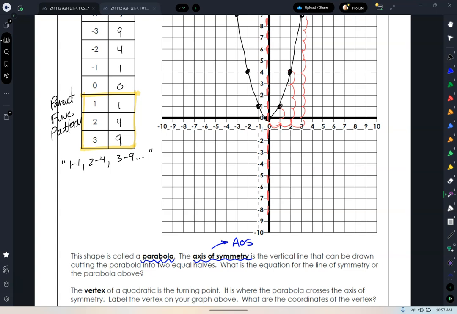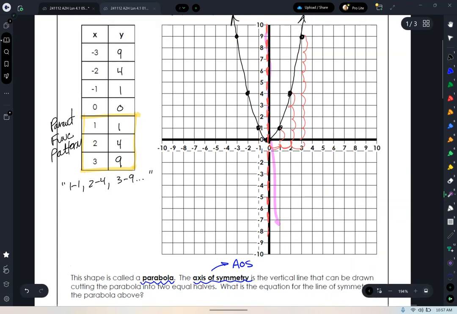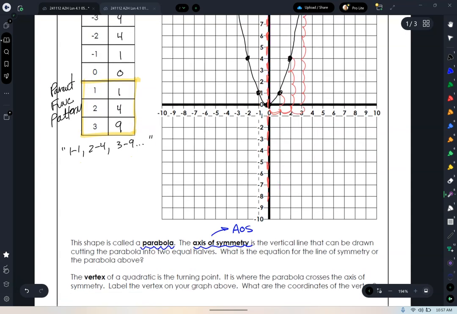Now, what is the equation for the axis of symmetry that I just drew here? Anybody want to take a shot at what they think the equation for the axis of symmetry is? Anyone? It is x equals 0. Good job.